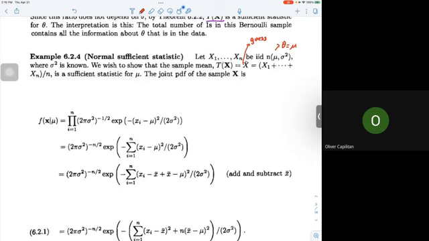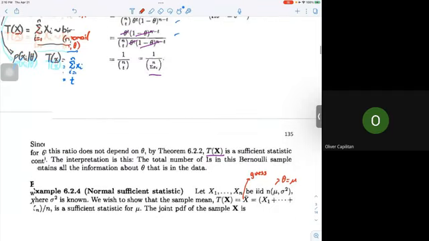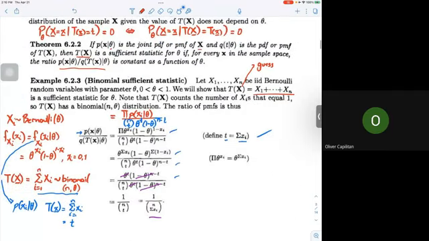So, considering now the joint distribution, in our theorem, that is P. This is P, our joint PDF or PMF of the sample.